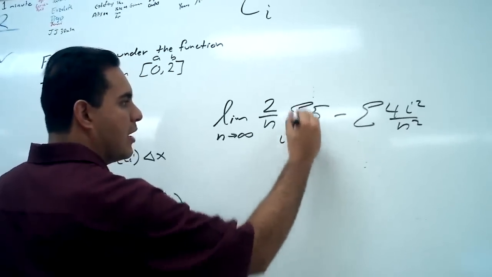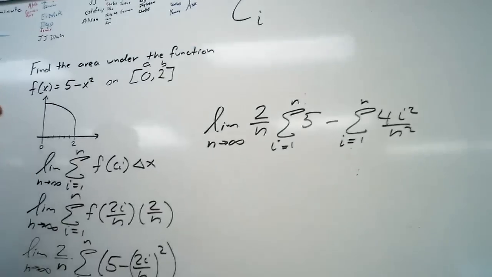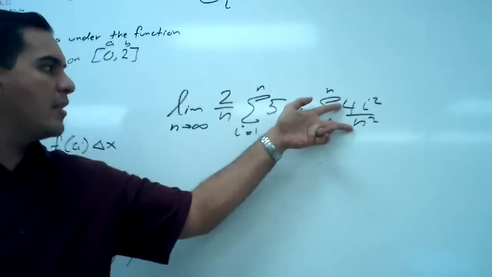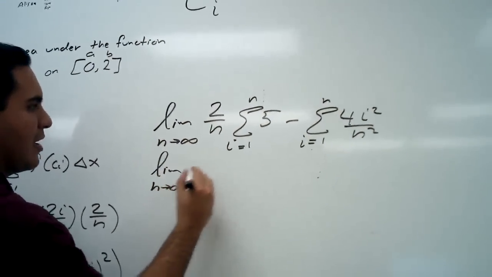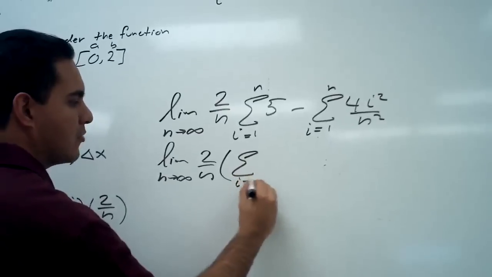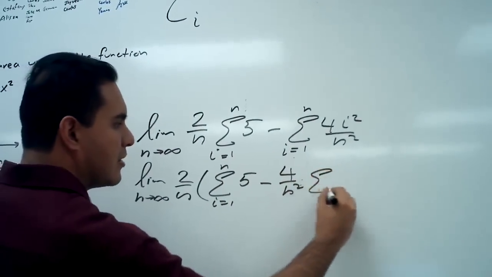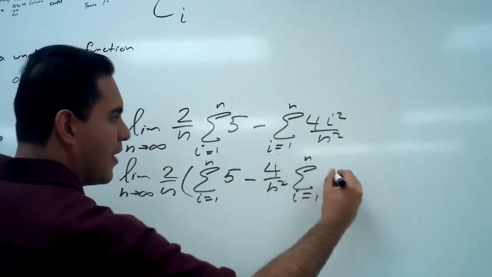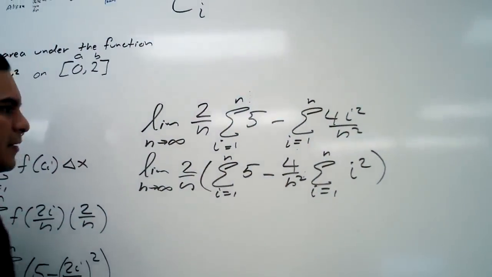Let me include my i equals 1 to n. Next step. Since the 4 and the n squared are both considered constants, we're going to take them out of the first summation. That is the limit as n approaches infinity of 2 over n times a summation from i equals 1 to n of 5 minus 4 over n squared times the summation from i equals 1 to n of i squared. Took the 4 and the n squared out of the summation here.